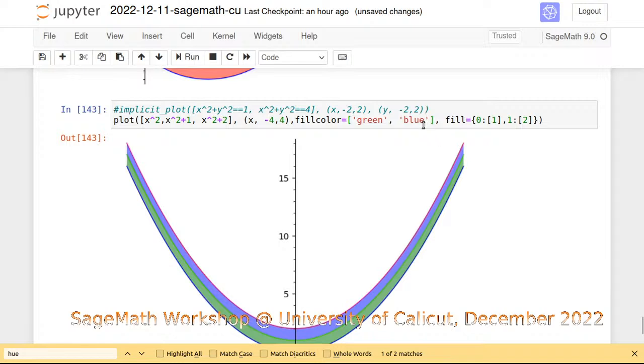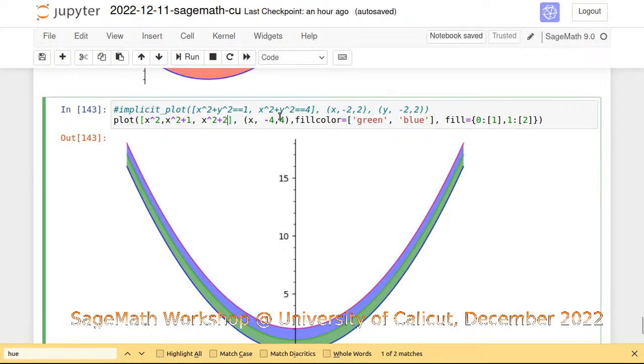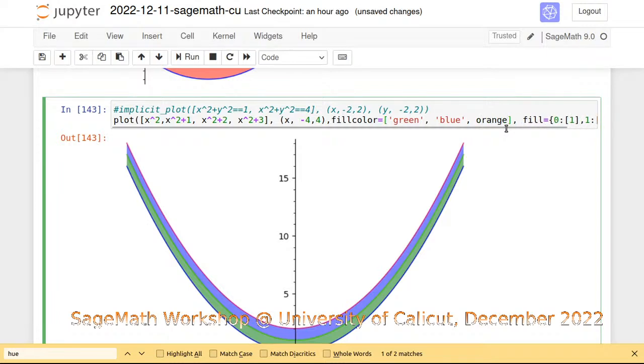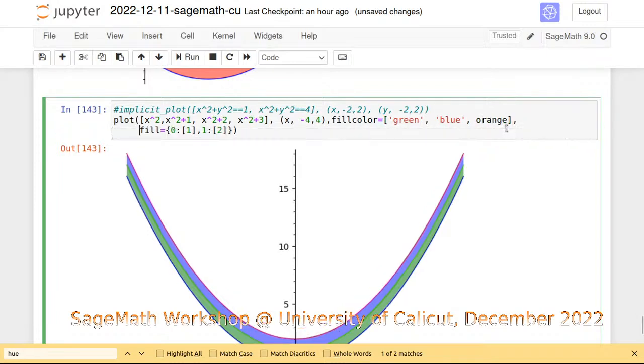blue is filled. Suppose we take another x square plus 3 and suppose we give orange, now breaking the line, and now suppose 2 to 3, will it work?